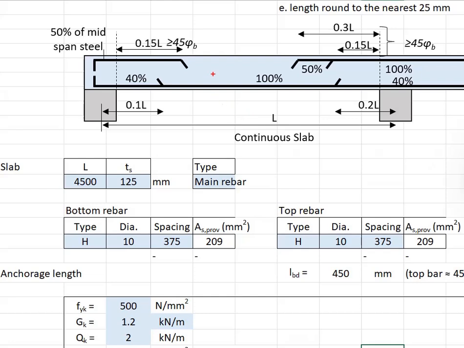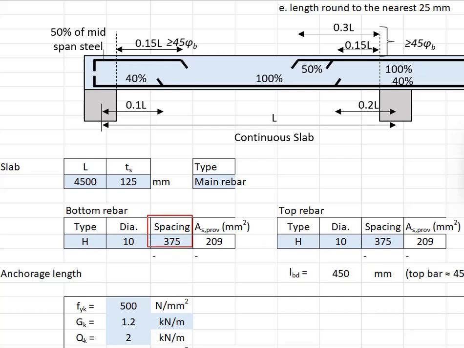We deal with the bottom reinforcement bar first, as it is simpler. The reinforcement bar at the midspan is H10-375, which the standard allows you to reduce to 40% near the support. The more realistic way to reduce it is keeping the same size of the reinforcement while doubling up the spacing.